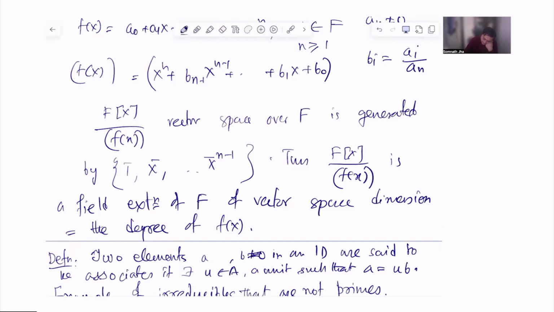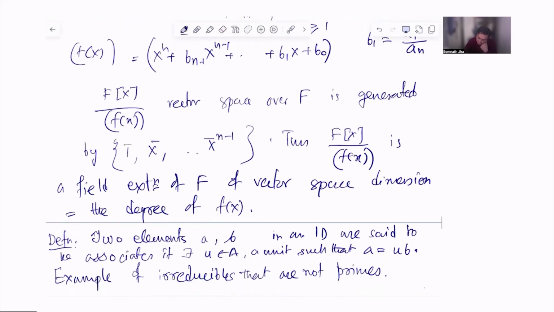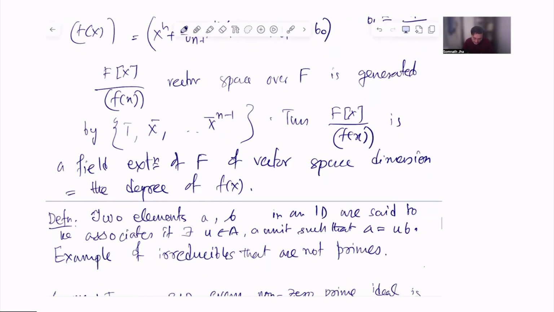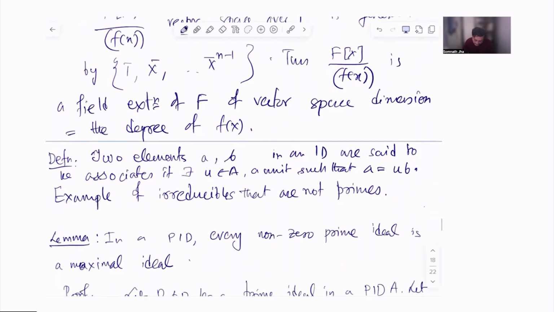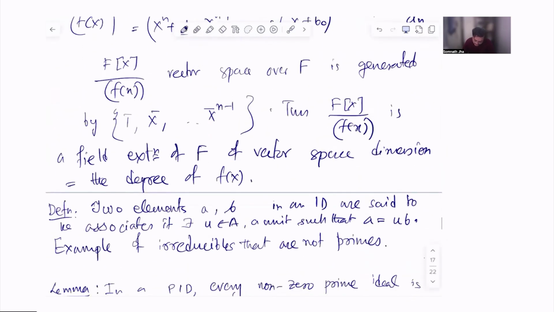I don't even need to say whether they're non-zero or not. So you take two elements in an integral domain, they are said to be associate if they differ by a unit.